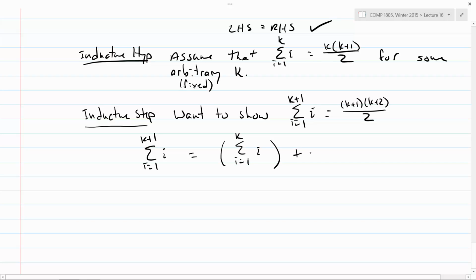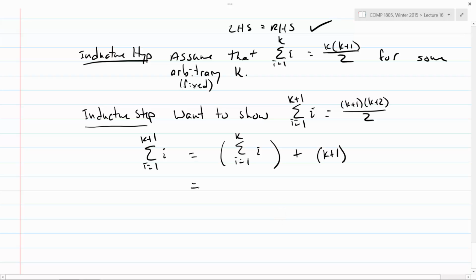And after I take all those terms, the very last one is k plus 1 that I didn't add. And notice this time there's only one term, because the upper limit of this sum is a linear function, if you like. It's just k plus 1. So that splits up into the sum to k and then the last one.